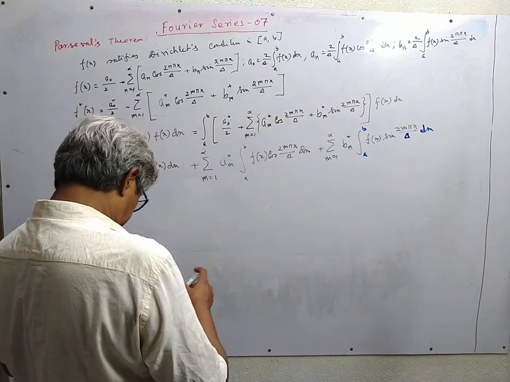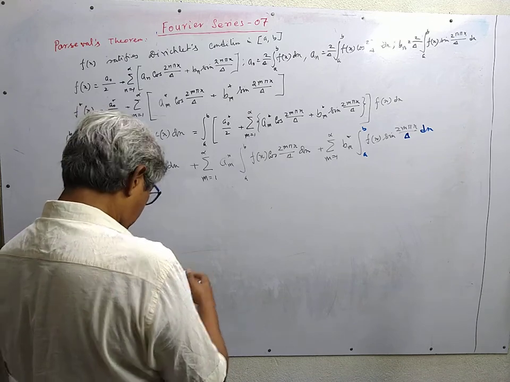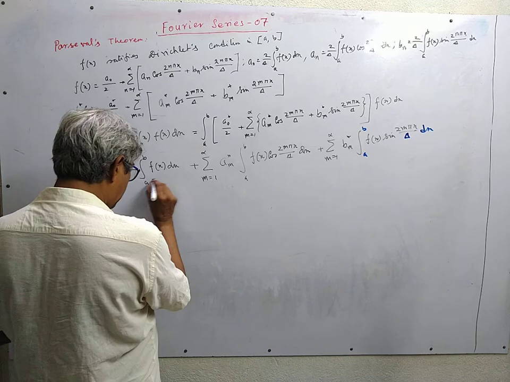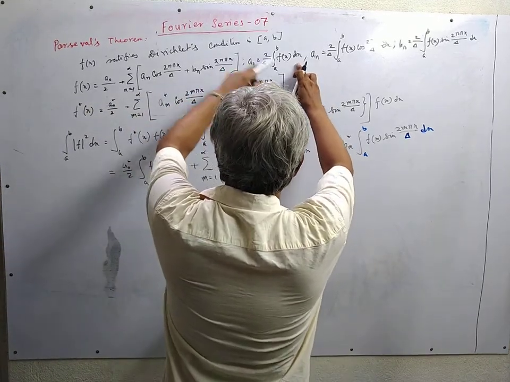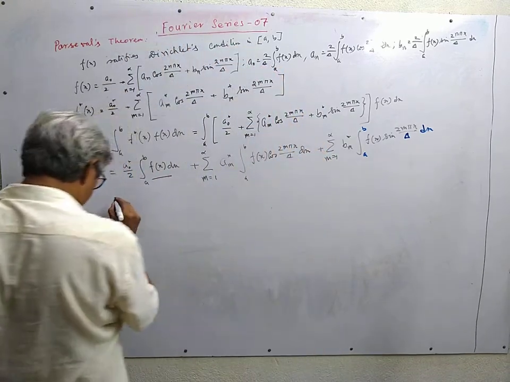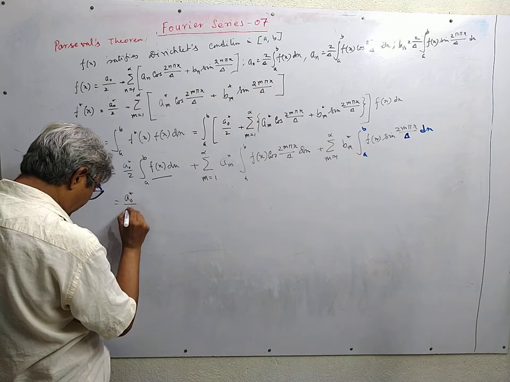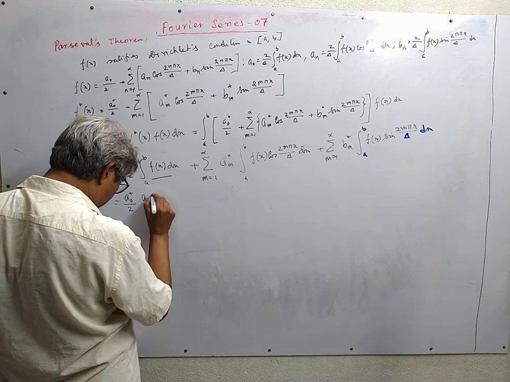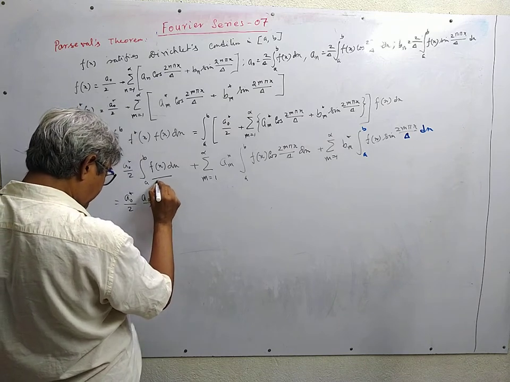Now we use the earlier definitions. This first part is a0 delta by 2. So a0 star by 2 was there, then a0 delta by 2: this is the contribution of this part.